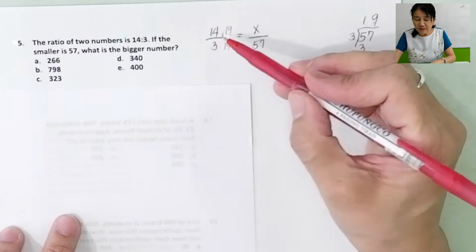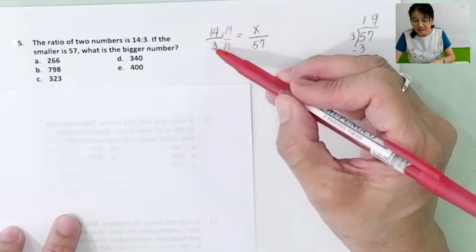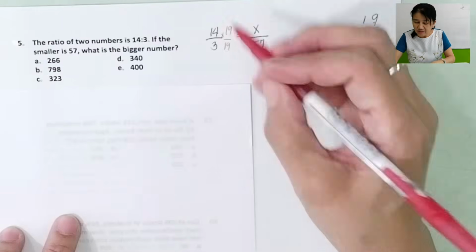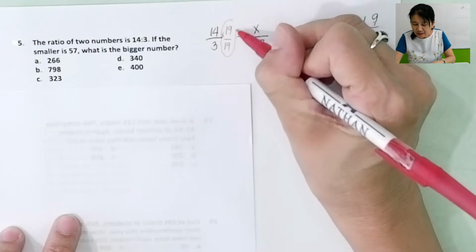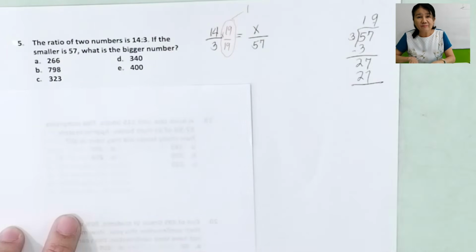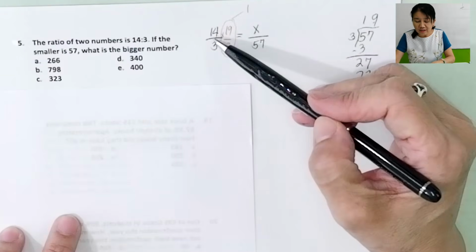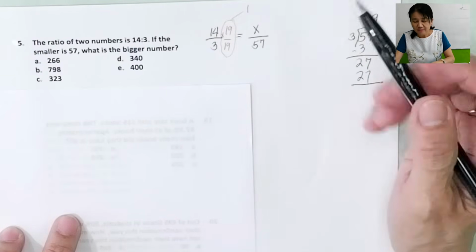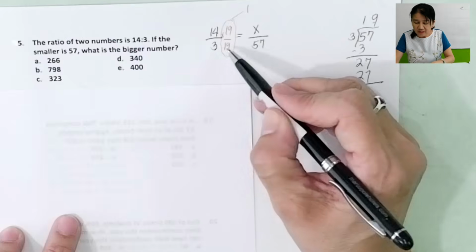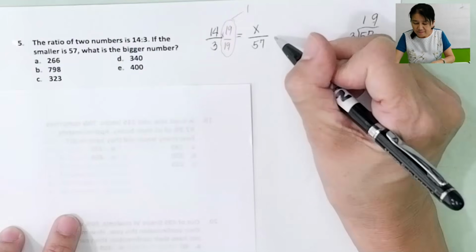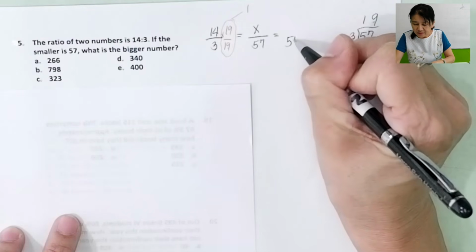When you're multiplying 19 over 19 in a given fraction, it's as if you're multiplying a number which is equal to 1. And 1 times any number is the number itself. So this will give you 3 times 19 is 57. There, 57.